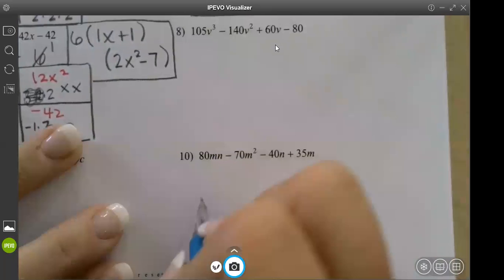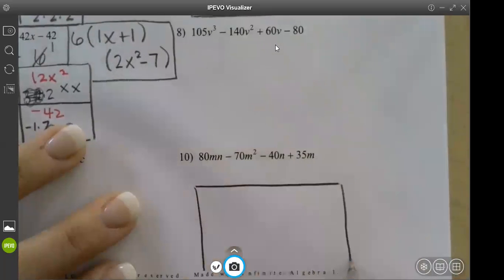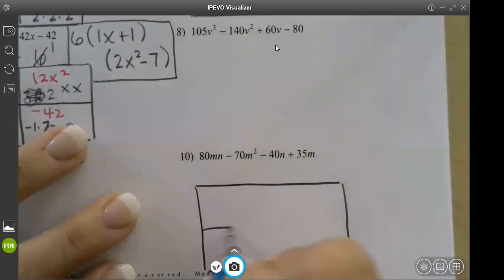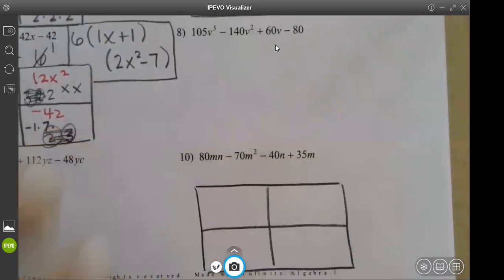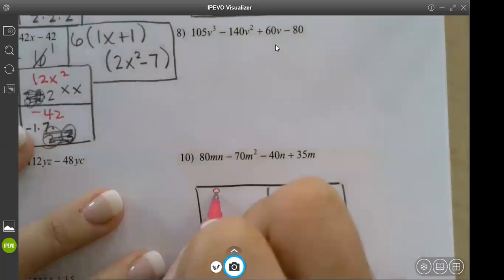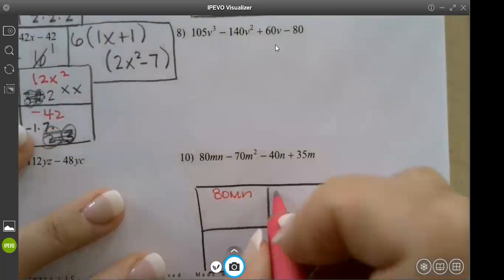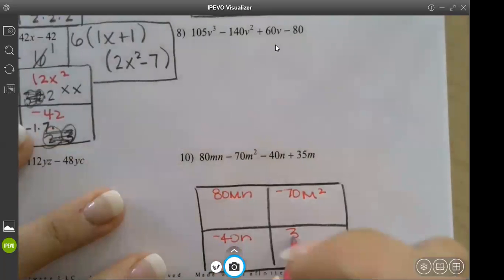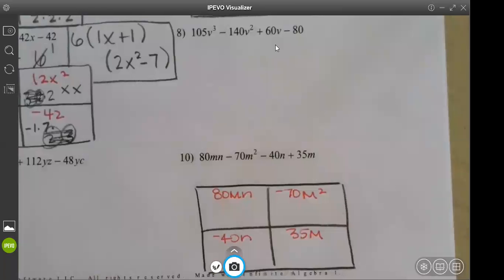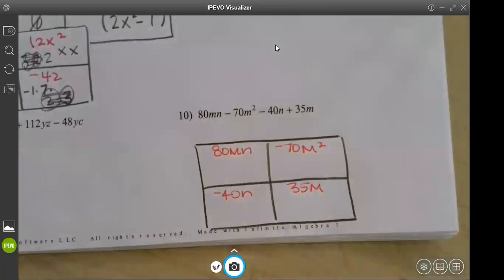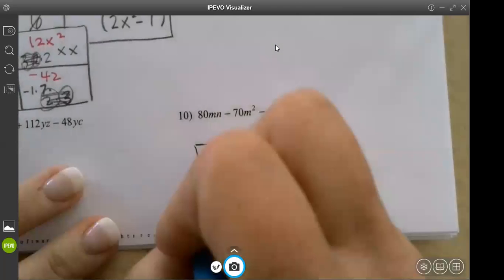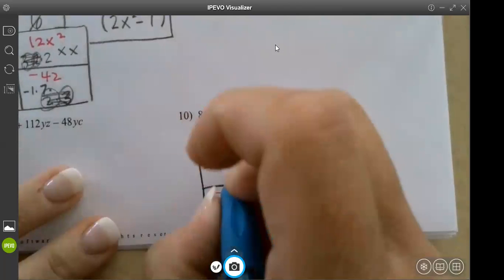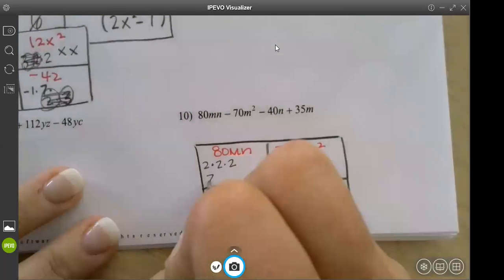Going to make my box. 80m, negative 70m squared, negative 40n, and 35m. 80 is 8 times 10. 8 is 2, 2, 2. 10 is 2 and 5.